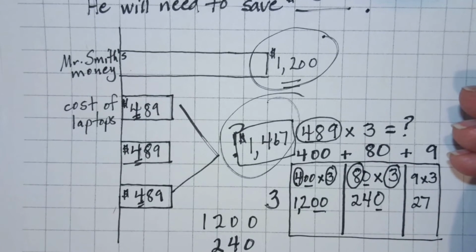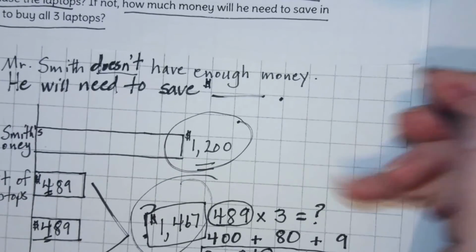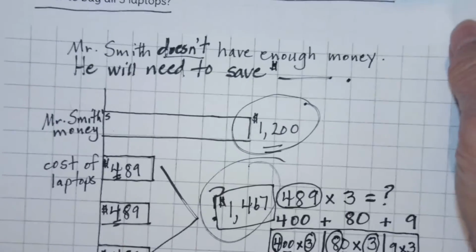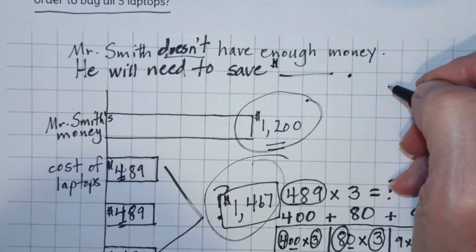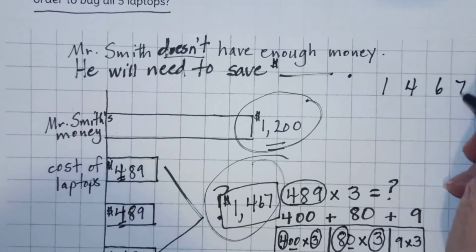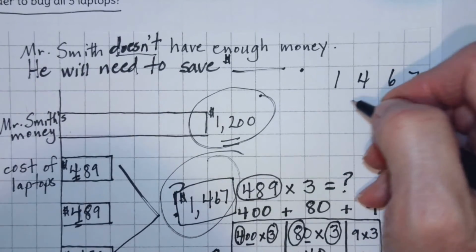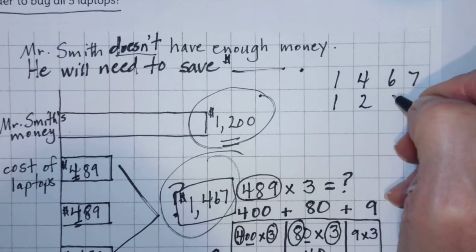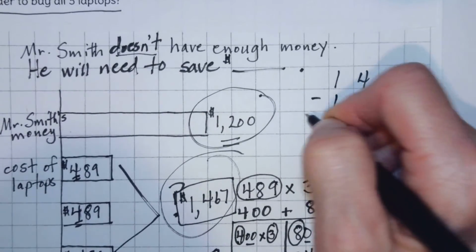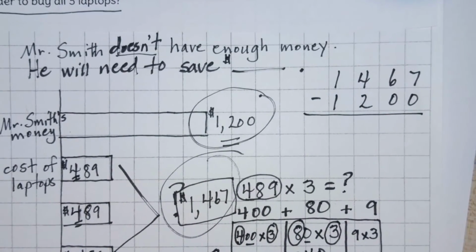And what do we do to find the difference? Yeah, we have to subtract. So I'm going to do that up here. And really, if you have access to graph paper, it's so helpful when you're doing these kinds of problems because you can line up your numbers. Okay, so I'm finding the difference between what he has and what he needs.